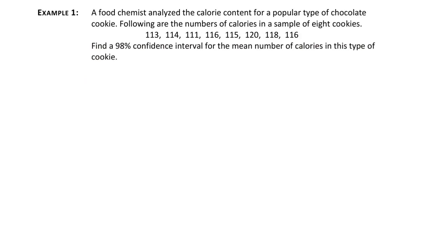In this example, the number of calories in a sample of 8 cookies are given. We need to find a 98% confidence interval for the mean number of calories in this type of cookie. First, we will check the assumptions. We have a simple random sample. Since the sample size is small, the population must be approximately normal.